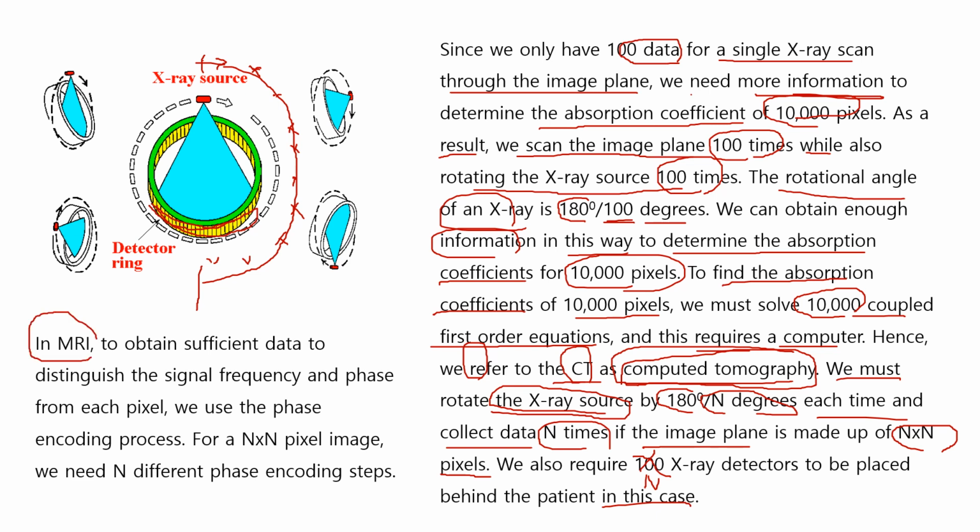In MRI, to obtain sufficient data to distinguish the signal frequency and phase from each pixel, we use the phase encoding process, which is very similar to the process we described for the X-ray CT. For an n by n pixel image, we need n different phase encoding steps.